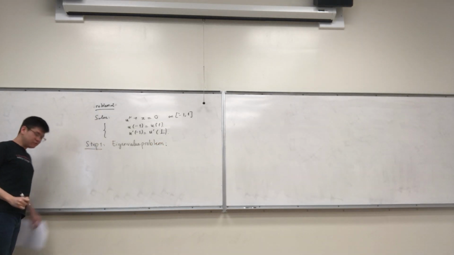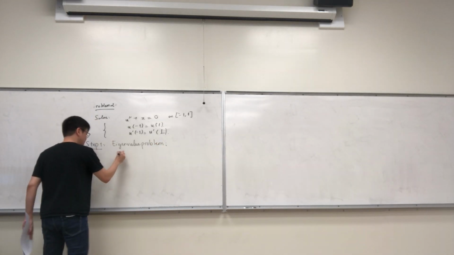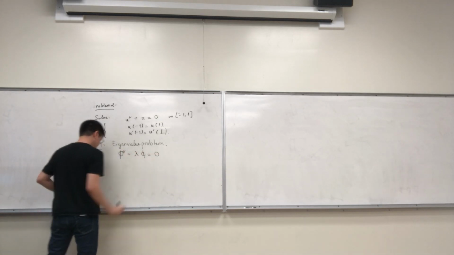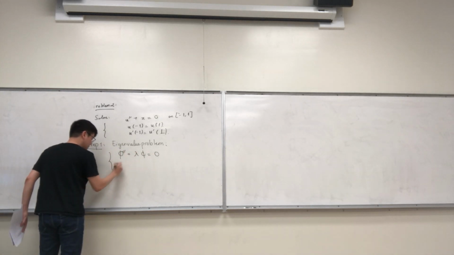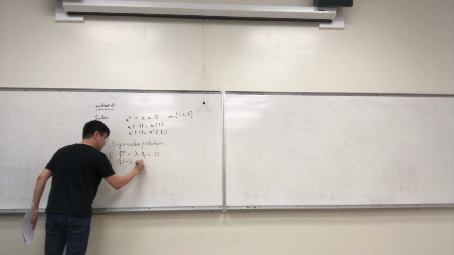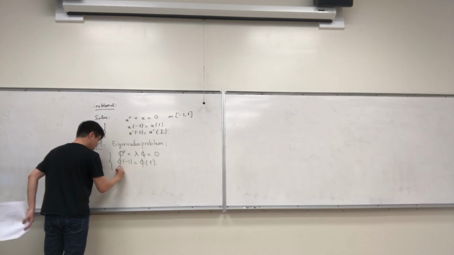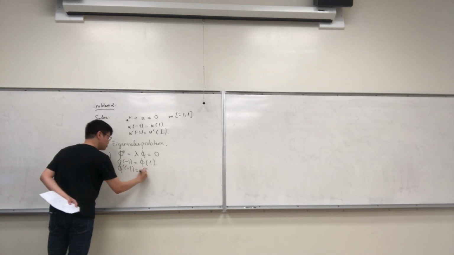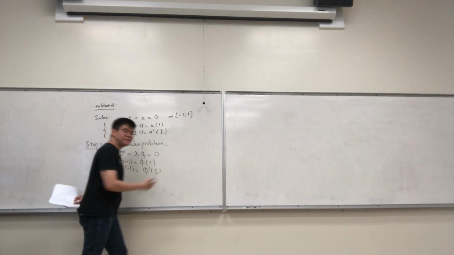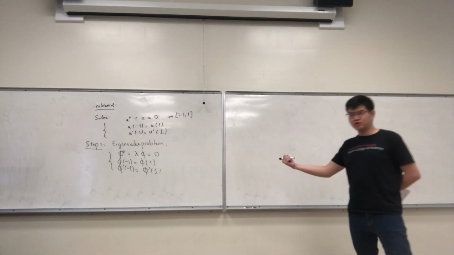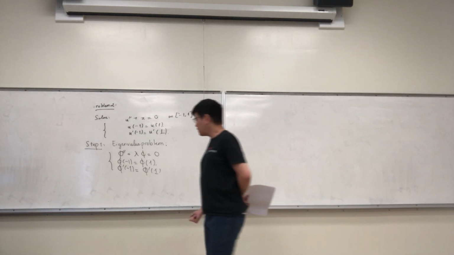All right, so the eigenvalue problem will be the following. You have phi'' plus lambda phi is equal to 0, and phi(-1) is phi(1), and phi'(-1) is equal to phi'(1). So basically this is one of the questions that we have in the homework.